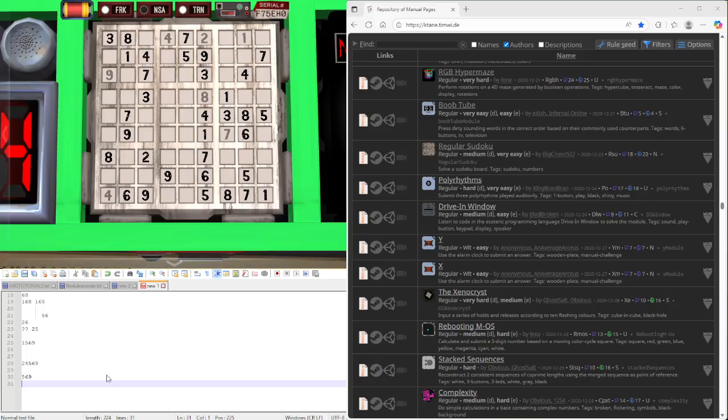Maybe 2 and 6. 2, 5, 6. 4, 5, 6, 9. 2, 4. Quite tiny divider.